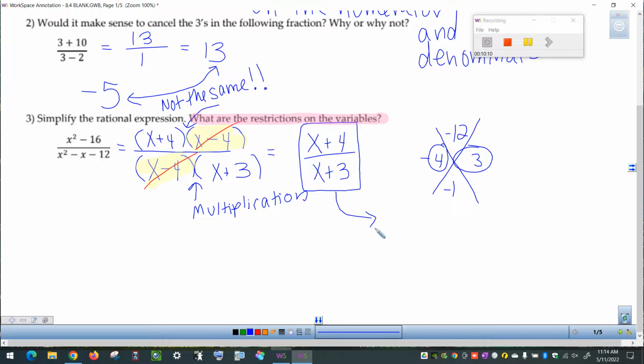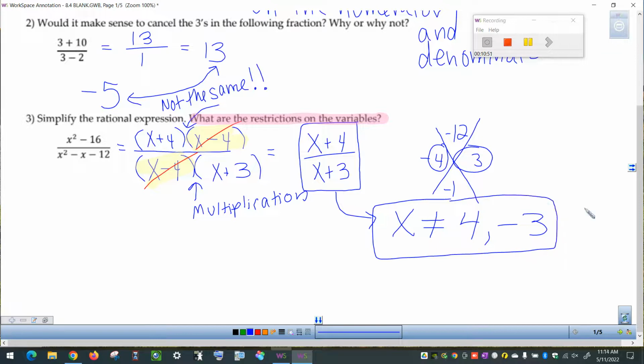It's kind of like the values of where the vertical asymptote would go in what we've been talking about with our graphing. And so the way we're going to show the restrictions off to the side here is very simple. We're just going to say that for this situation, x cannot be 4 or negative 3. And I'm going to put a box around that because that is going to be part of our answer.